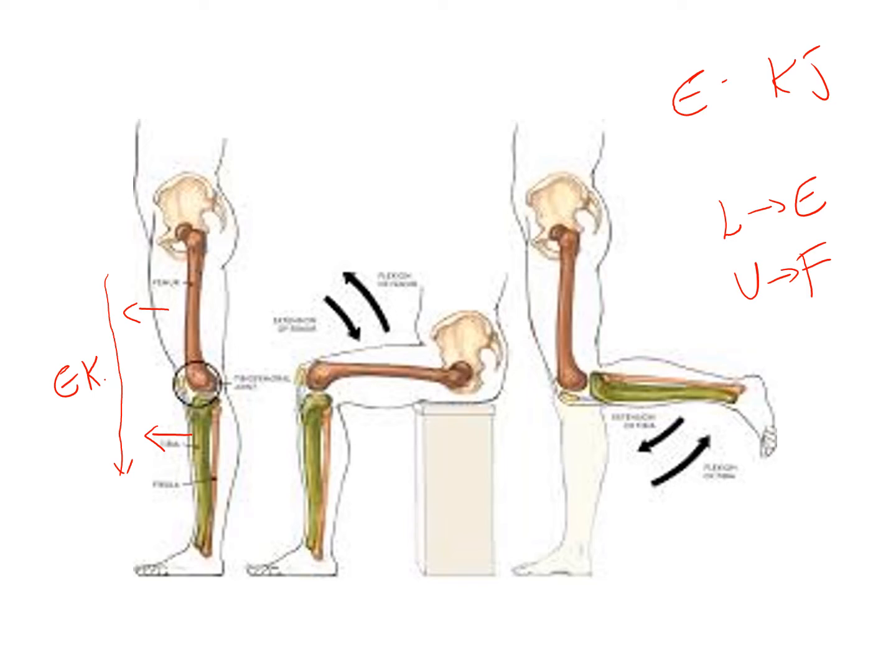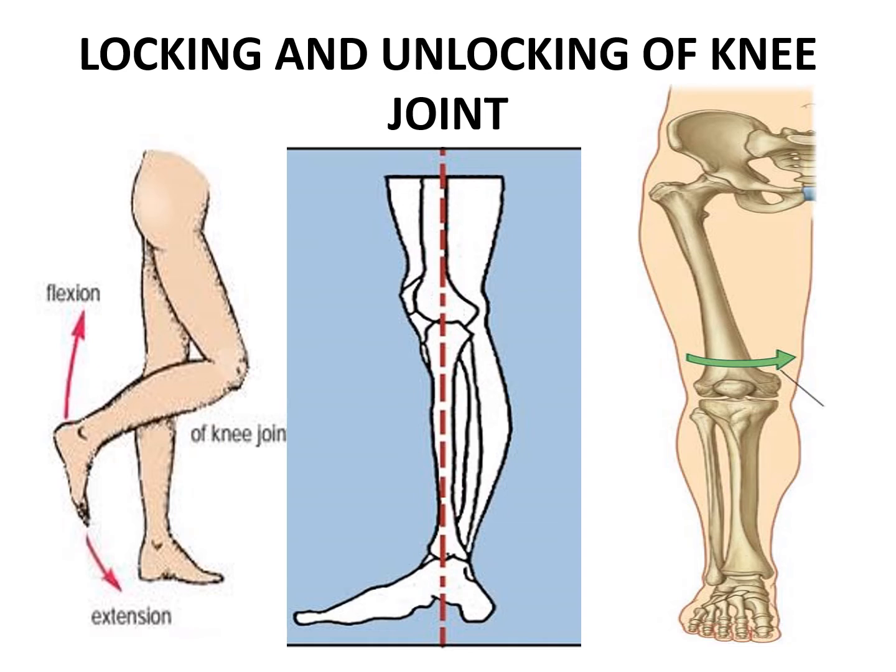Let us just see, if you want to extend a flexed knee joint, what happens in the final 15 to 20 degrees of extension is that the knee joint gets locked so that you don't fall. Let us see what exactly happens.